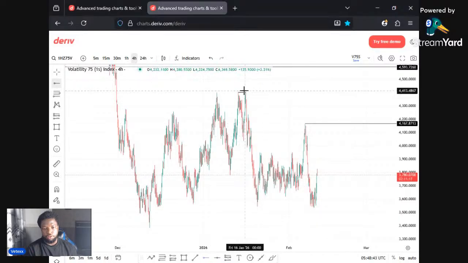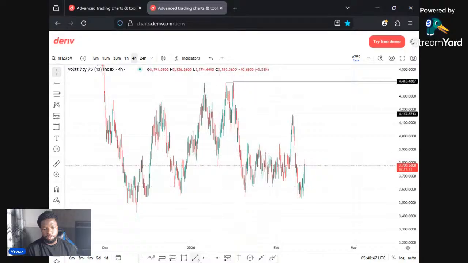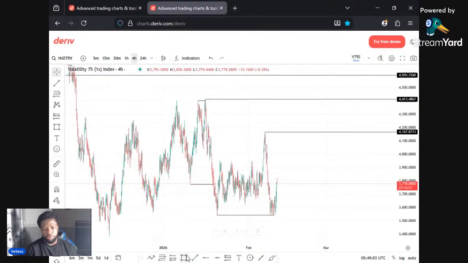And then this is the protected high. This is a break. If I take it out, of course it was taken out. And then this is another. So this is our point of interest.